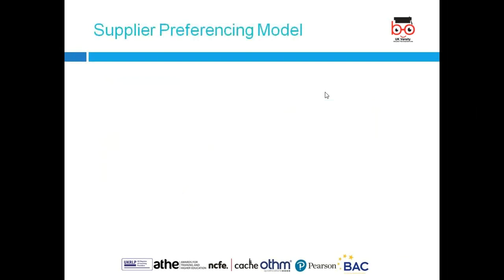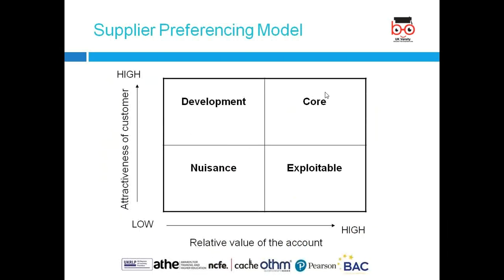Next, we have different models as well. The supplier preference model. So we can look at the attractiveness of the customer. Yes. So we can look at development. We need to look at whether they have a high or relatively high value of their accounts.